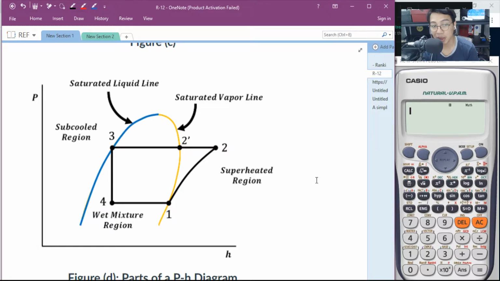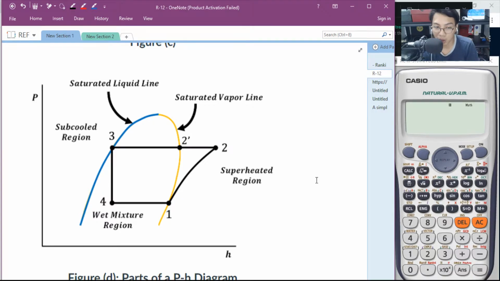Kapag nandun siya sa subcooled region, kapag saturated yan, under the saturated line, any point that lies beyond that line, that is subcooled. But, when the line or the point lies within the line itself, the state of that point, ibig sabihin that is saturated liquid, if that is in saturated liquid line.